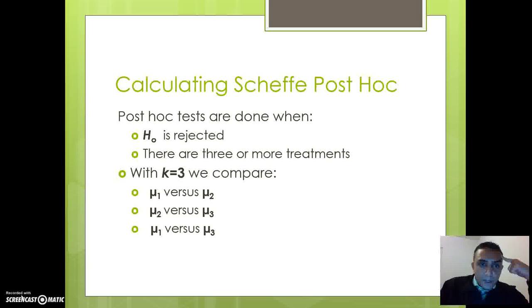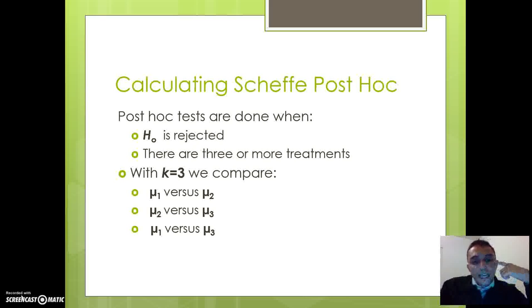So, post hoc tests in general are done when H sub 0 is rejected, so your null hypothesis is rejected, and you accepted your research hypothesis, H sub 1, and you want to locate this significant difference. Of course, you need more than 2 treatments, because with 2 groups it's going to be a t-test.